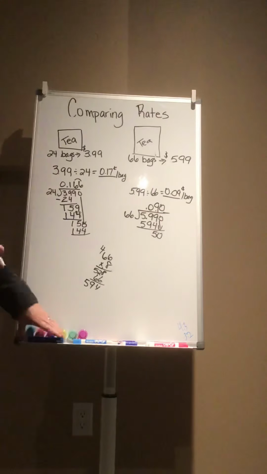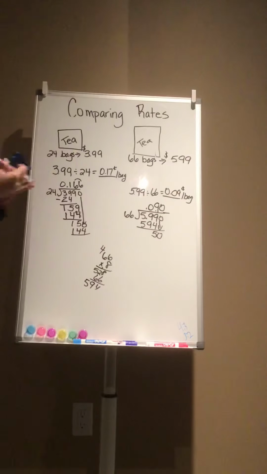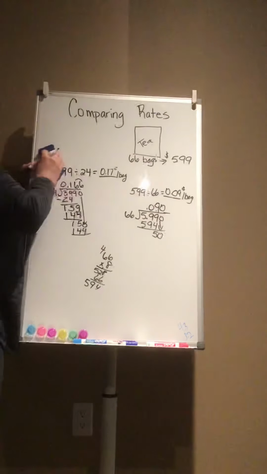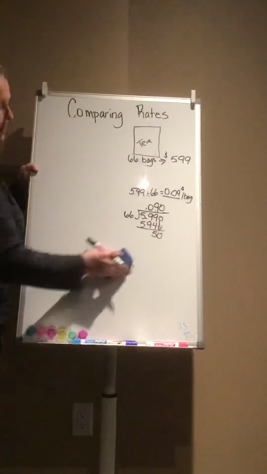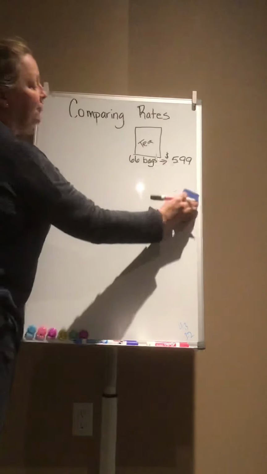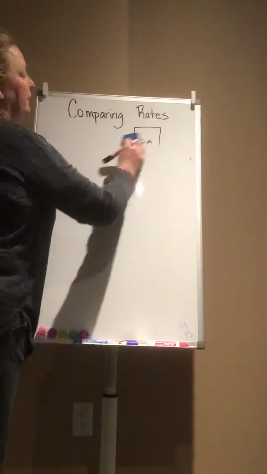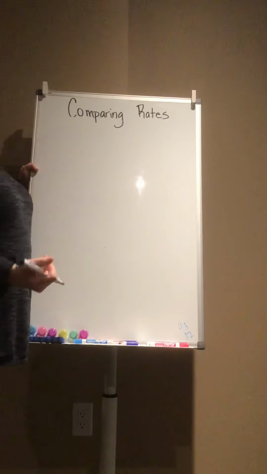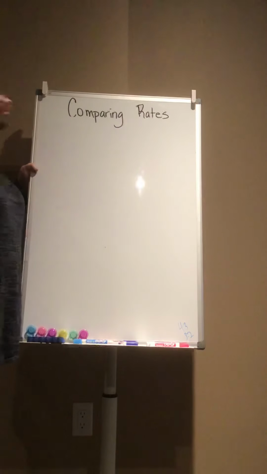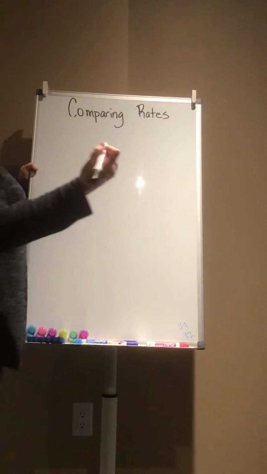Now, what happens if things aren't as neat in terms of, we don't have bags? Say we want to go buy French fries. Well, I'm not going to sit and count out every single French fry in a bag to see which is a better deal. I'm going to do some quick math.